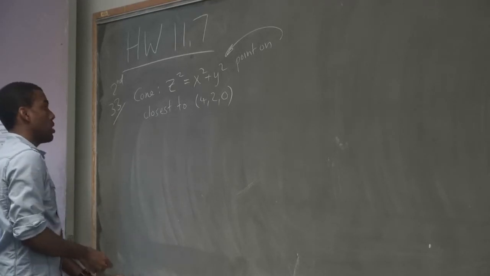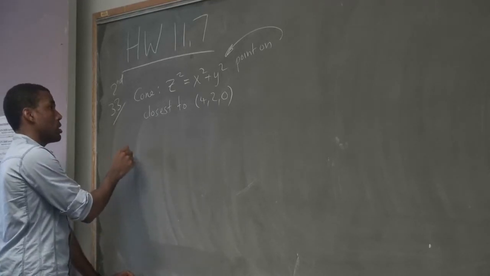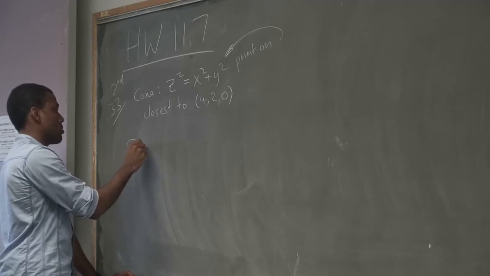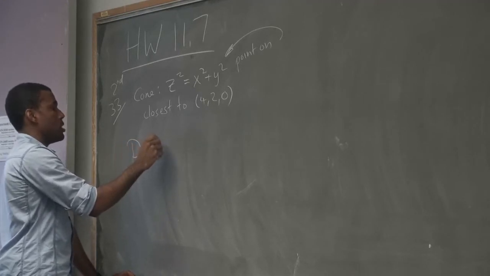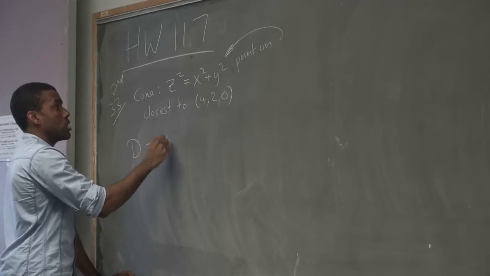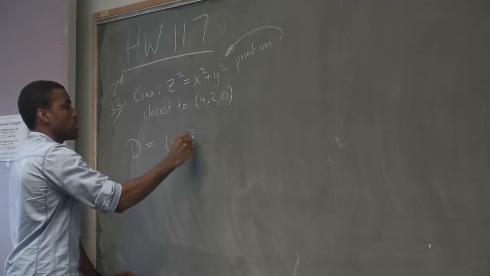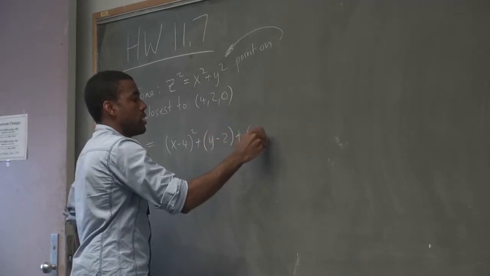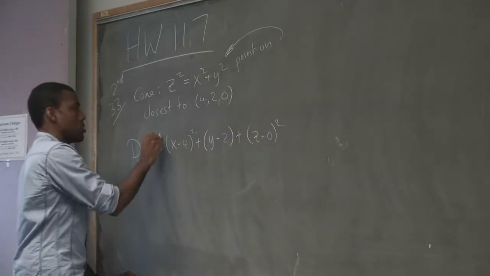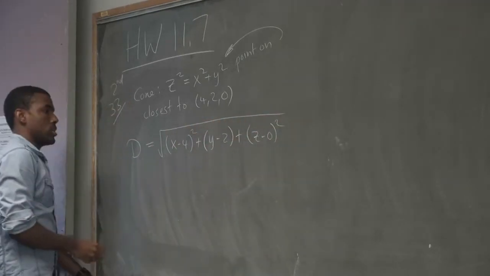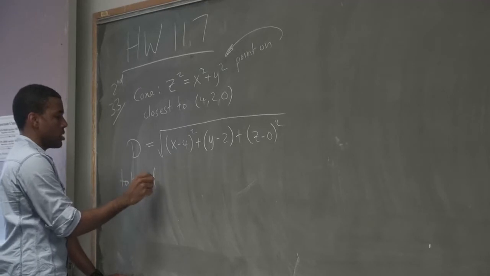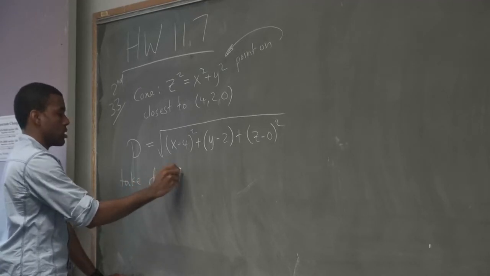The distance would be the x value minus 4, the y value minus 2, and the z value minus 0, squared. The trick is you can minimize the square of the distance.